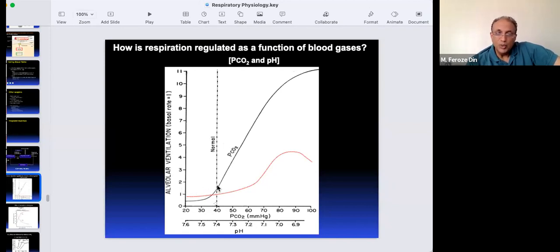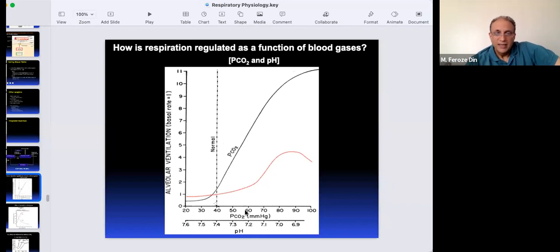But as soon as the PCO2 rises, there is a corresponding rise in the ventilation. And the purpose of that, obviously, is that if there is a high carbon dioxide, it will be removed from the lung so that we do not accumulate carbon dioxide.